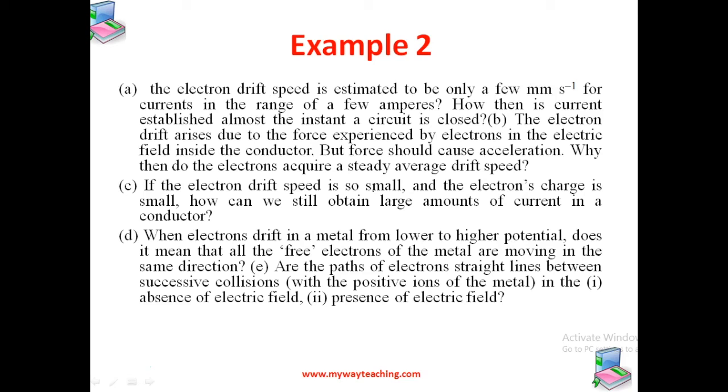Now, are the paths of electrons straight lines between the successive collisions, in the absence and in presence of electric field? See, in the absence of electric field, the paths are straight lines. But in presence of electric field, the paths in general are not straight lines, they are curved lines.